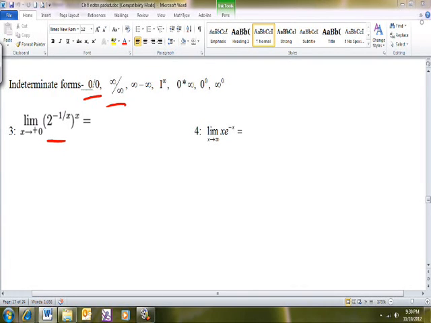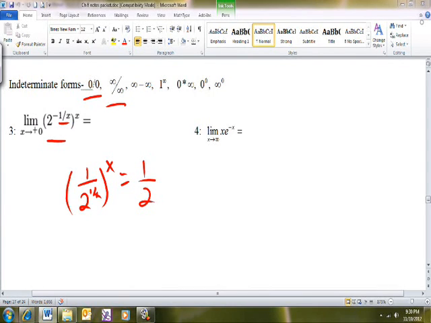You can rewrite this as 1 over 2 to the 1 over x, raised to the x. As far as the algebra goes, with something raised to a power, you can really just multiply the exponents. So we have 1 to the x over 2, which is just 1/2. So that one's a little silly.